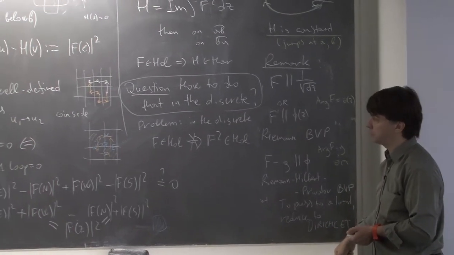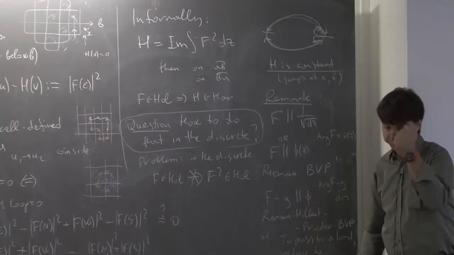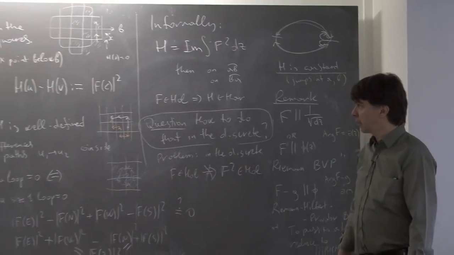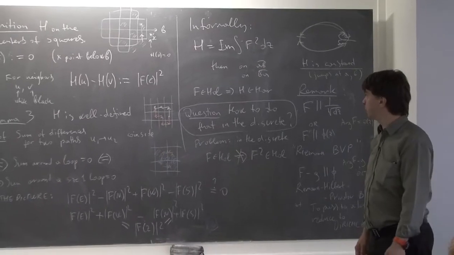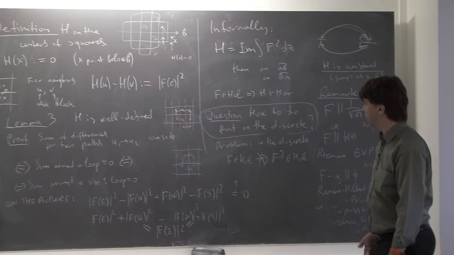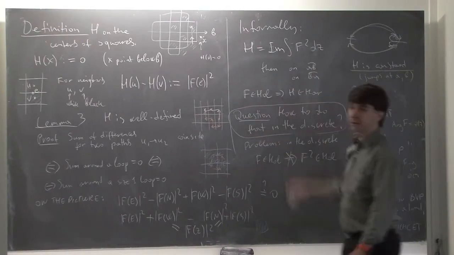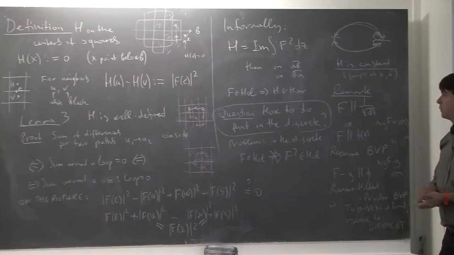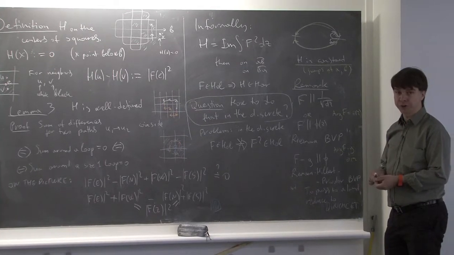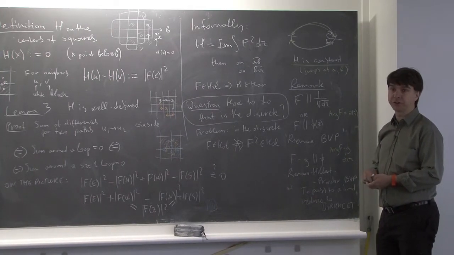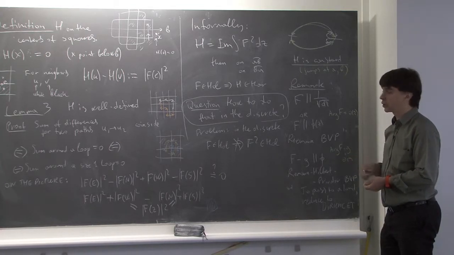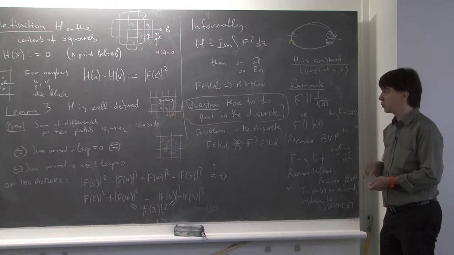So H is well defined. Which is already a big help, because we haven't shown yet that what I'm doing is integrating f squared, but normally if f is discrete holomorphic, f squared is not, so normally you cannot integrate it. It doesn't have a unique primitive, so it's not a closed form, as they would say.